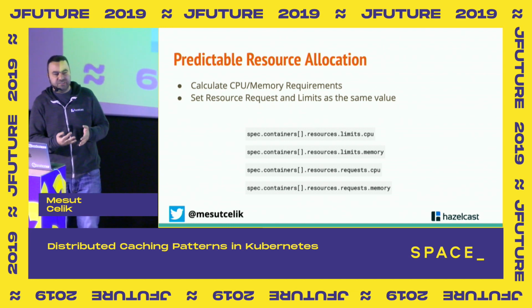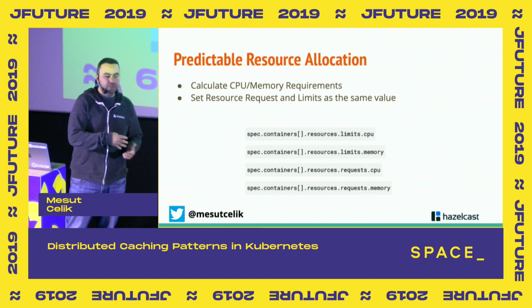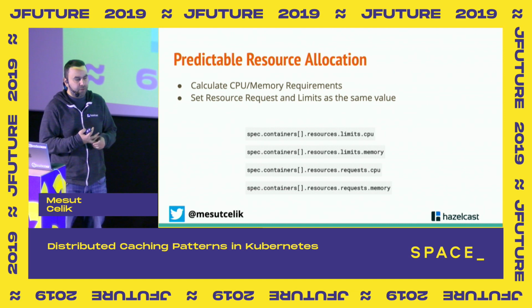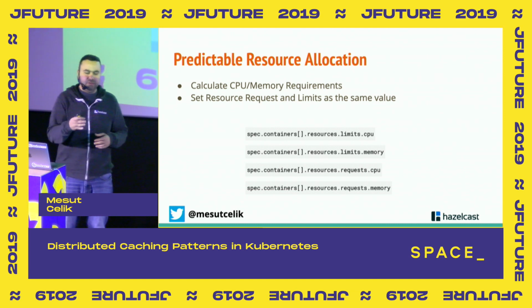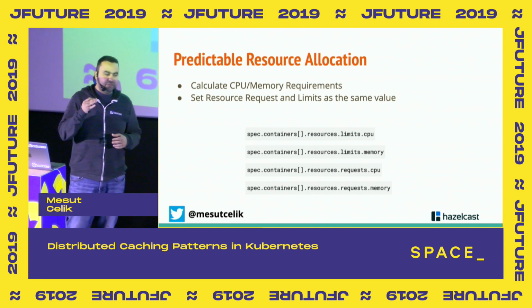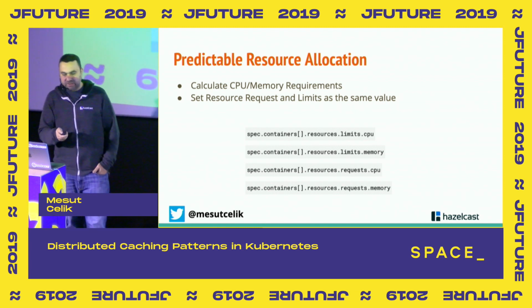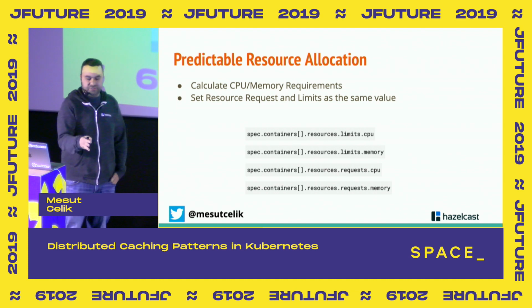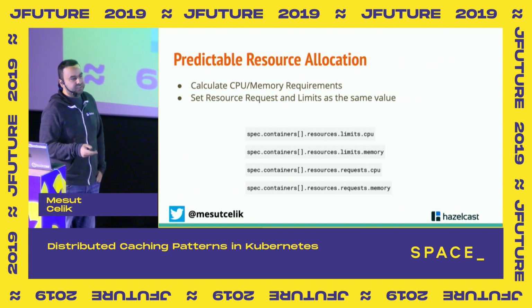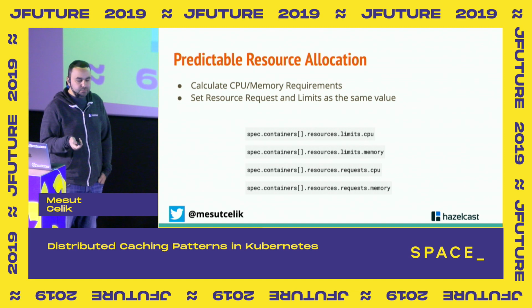So you are the next target to be killed after the first one. I don't remember the naming, but you are the next one. The thing that we are offering here is to set those values the same, then you are guaranteed by the scheduler not to be killed. So you are going to be the last one.